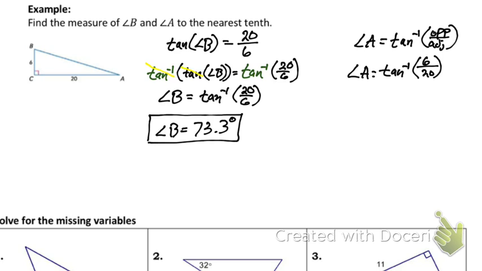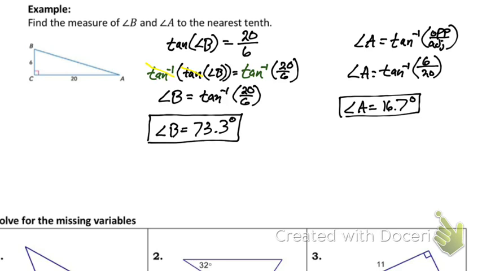Can someone type in tan inverse of 6 divided by 20 and tell me what they get? 16.7 degrees. Can anyone tell me if angle A is correct and B is correct? Is there a way to check? You add them together, and if it equals 90, you got it right.